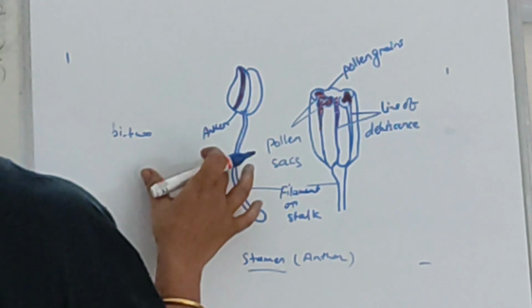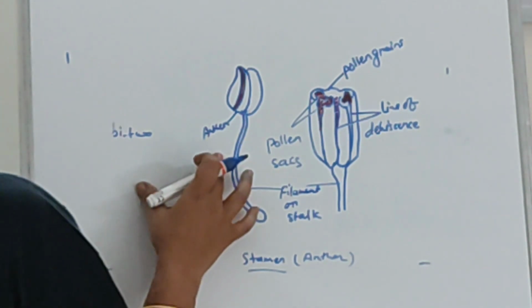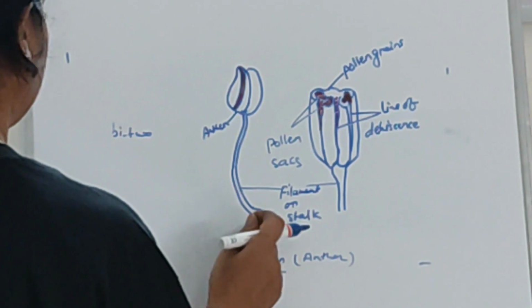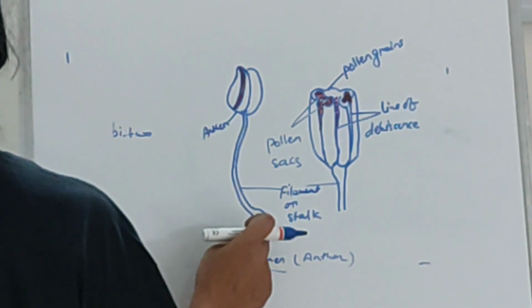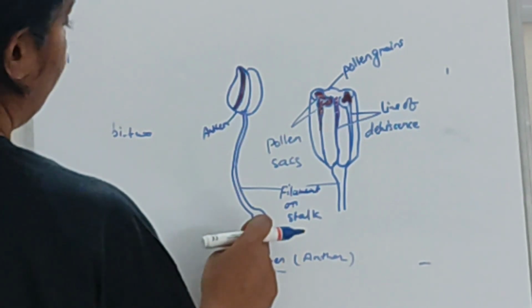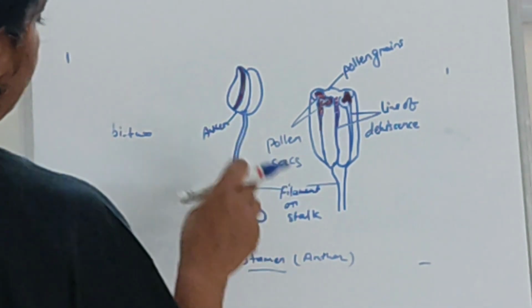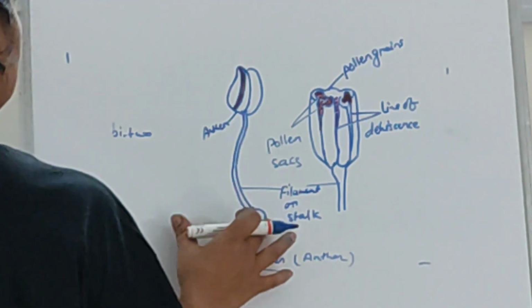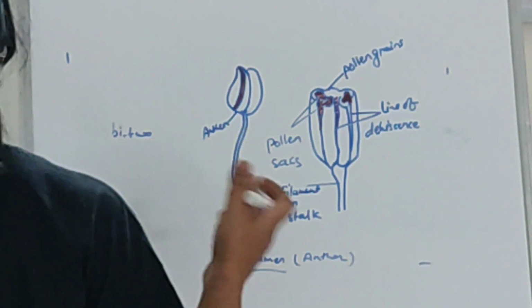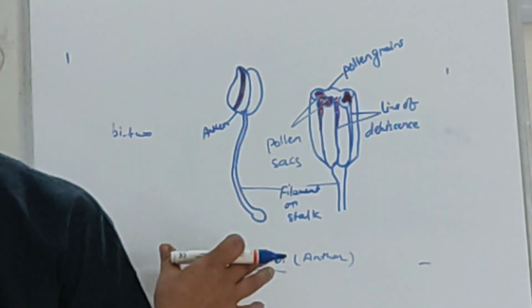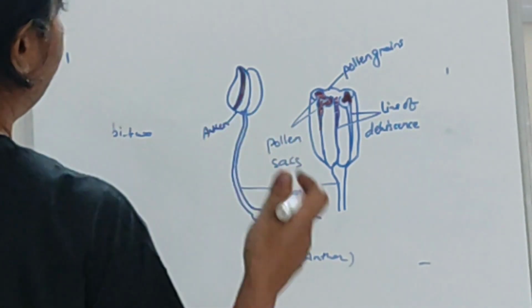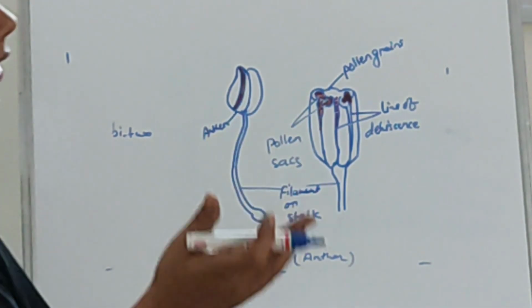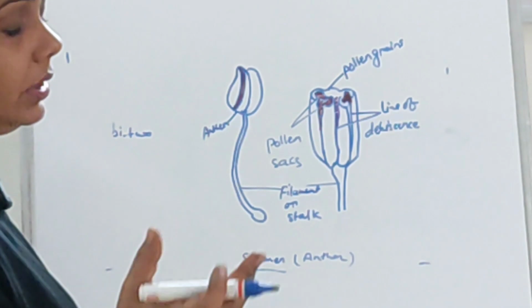This bilobed structure is called the anther. The proximal end of the anther is mainly attached with the thalamus or the petal of a flower. And you will be very surprised that the number of anthers is variable in different flowers.